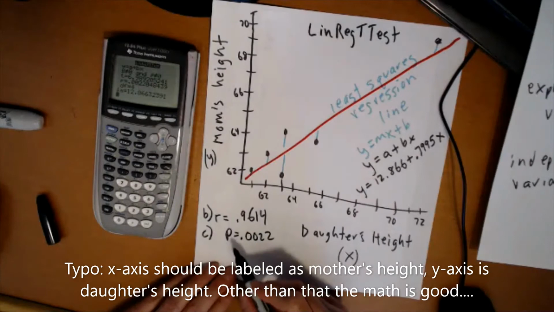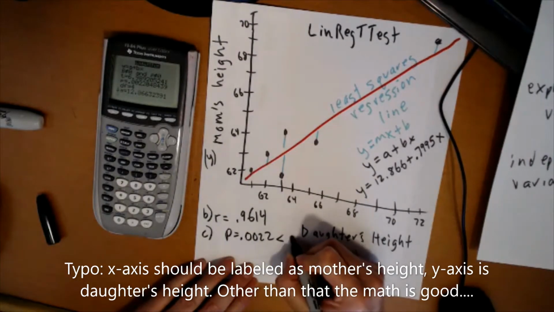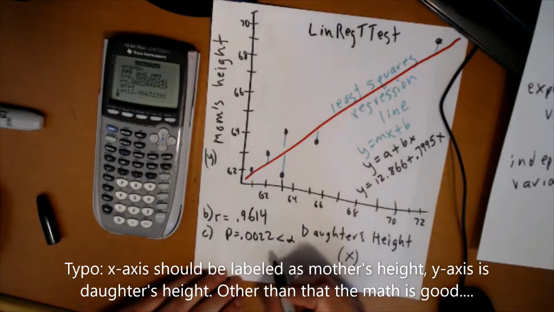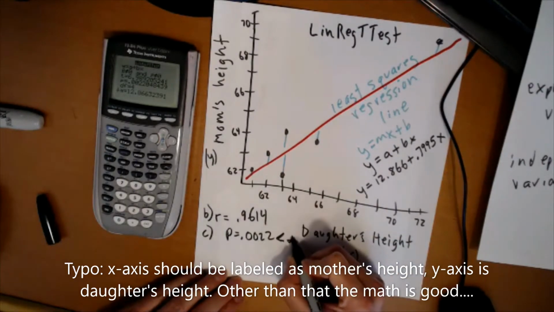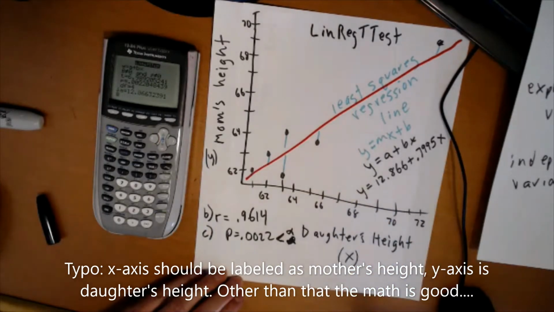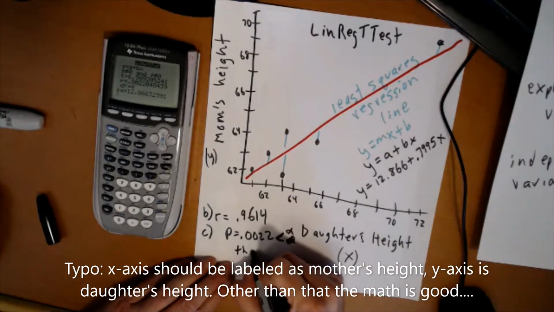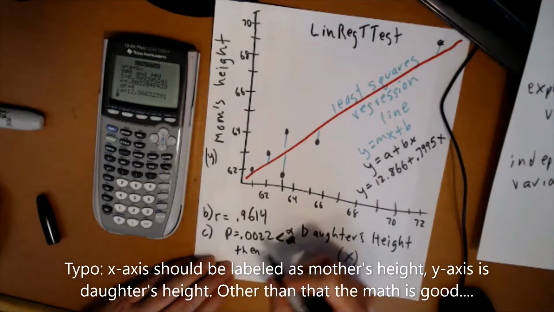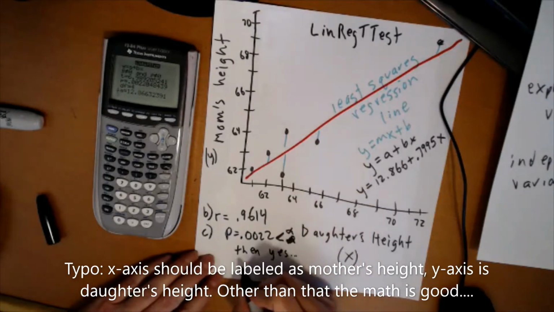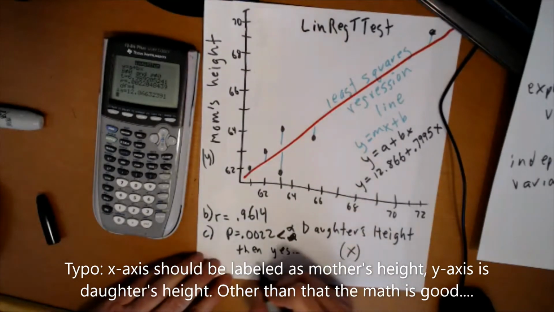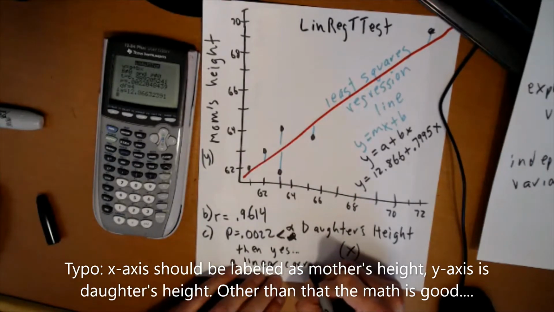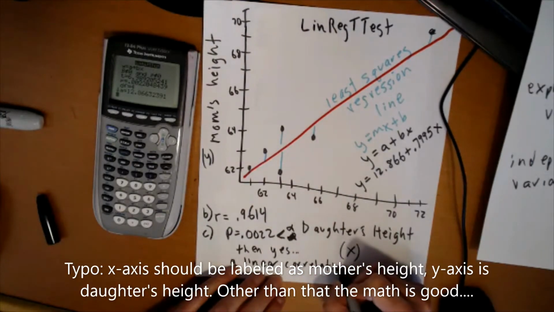And remember, if our p-val is less than our alpha, then we would reject H0. That means something interesting is happening. Then yes, we do have a linear correlation. Yes, a linear correlation exists.